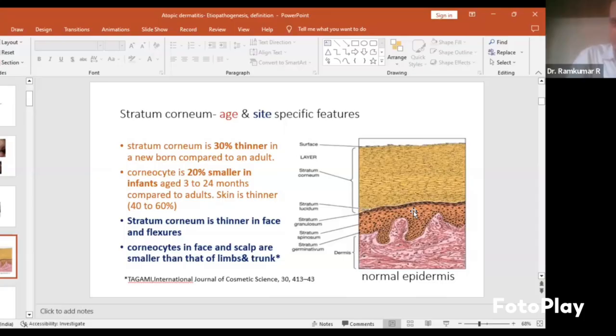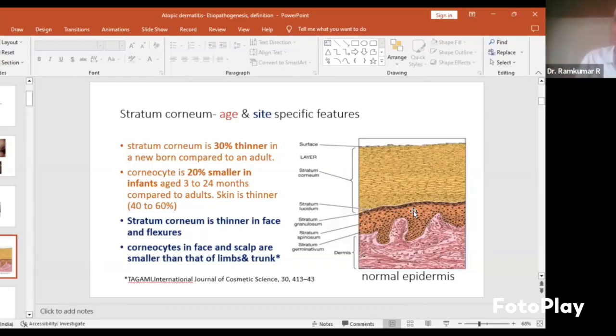So a paradigm shift occurred in 2006 or so, after a genetic mutation in a gene called filaggrin was discovered, and after that there was more emphasis on epidermal barrier dysfunction.